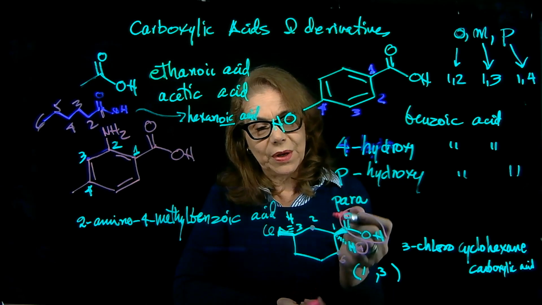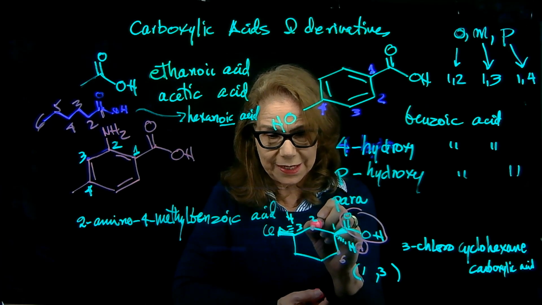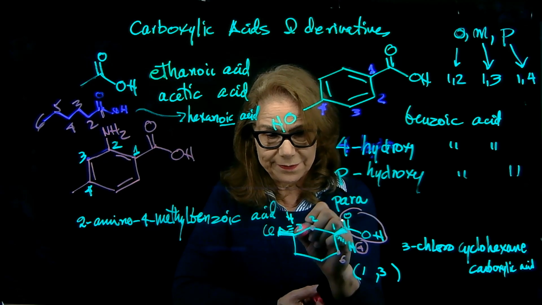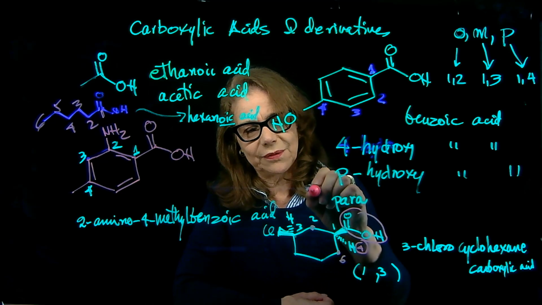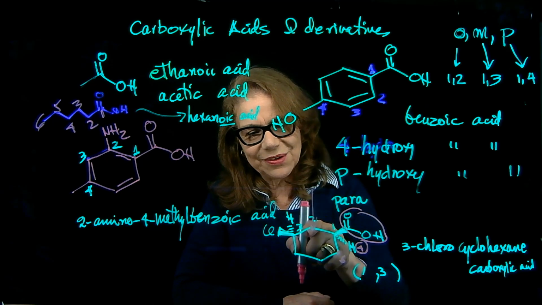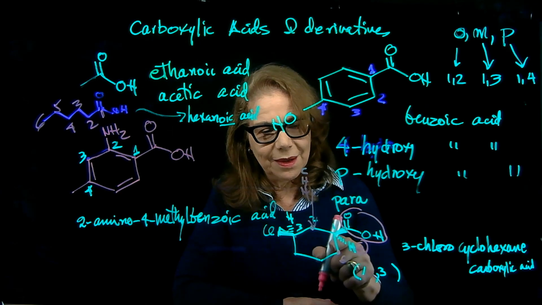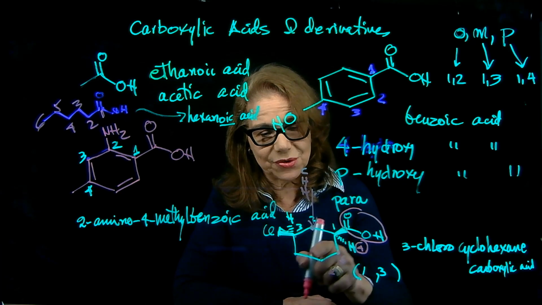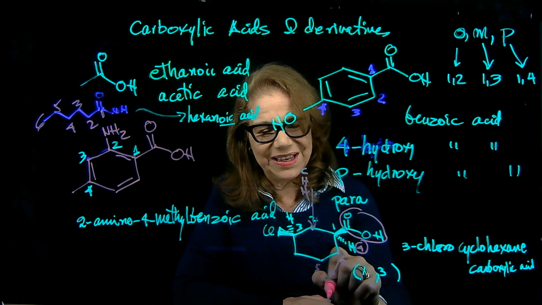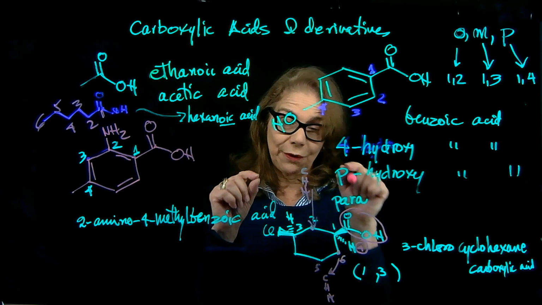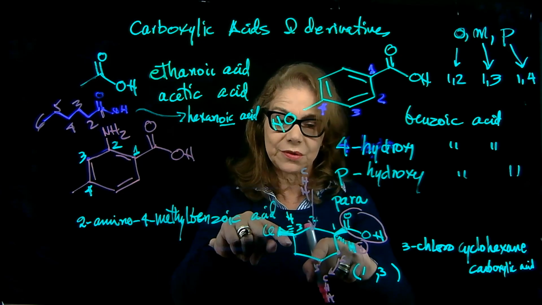Well, let's do it more explicitly. Carbon 2 is attached to carbon 3 and 2 H's. Carbon 6 is attached to carbon 5 and 2 H's. So it is a tie. So we need to move on to the next layer.